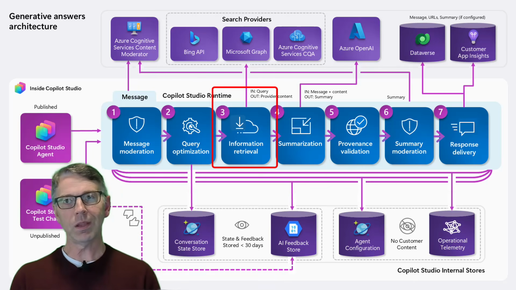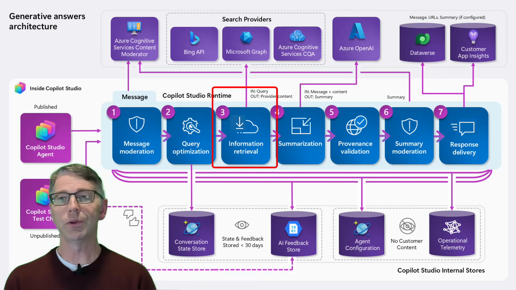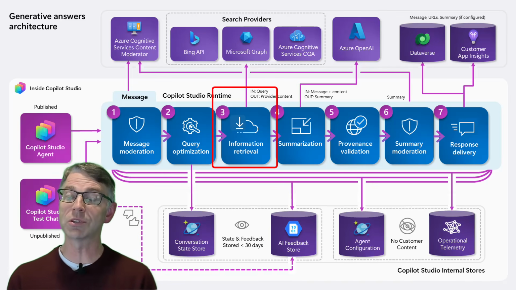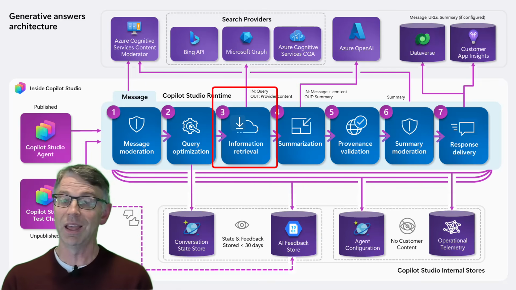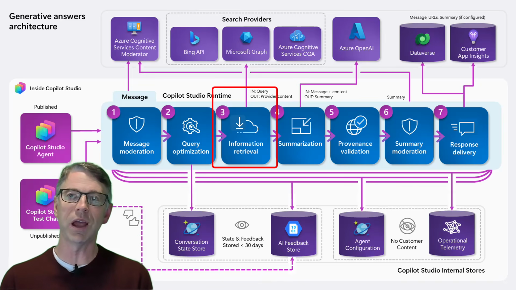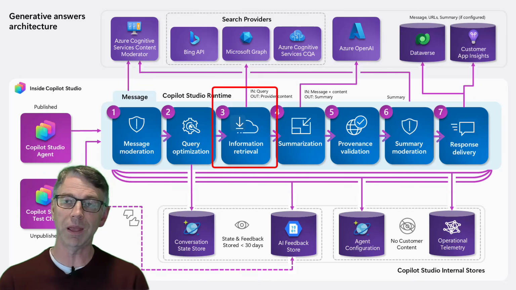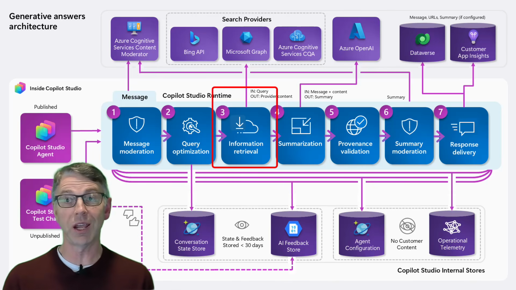Now, we also support things like SharePoint, which is going to be the graph. You can even use your own custom search endpoint if you want to build your own custom search and indexing. That's Azure AI Search that can do that. But let's say that you already have a search API. Let's use the ServiceNow example, which I'll demo in a bit, where ServiceNow does have a knowledge search API.